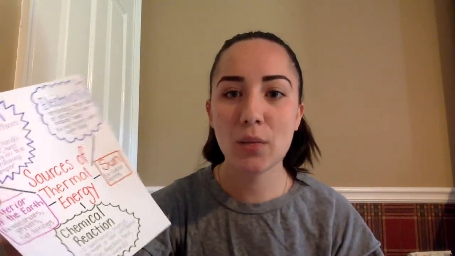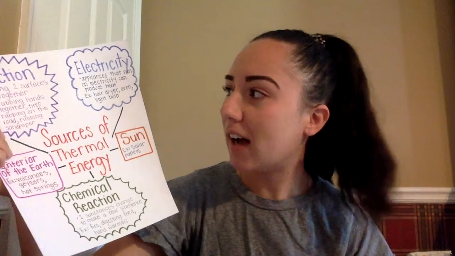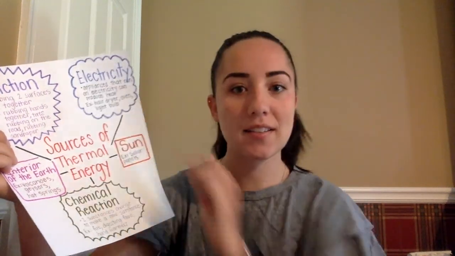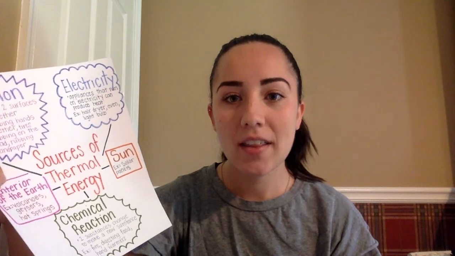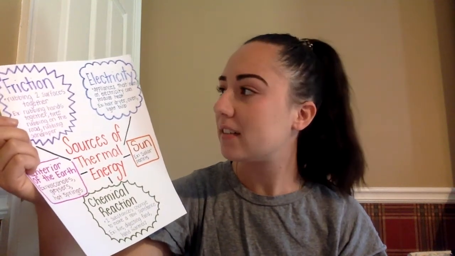The next thing you said was a stove. Well, I know that a stove is an appliance that runs on electricity. Okay, so that means that the stove gets its thermal energy from electricity. The next one you said was an oven. An oven is the same thing. It's an appliance that gets its energy from electricity. So, another one for that category.